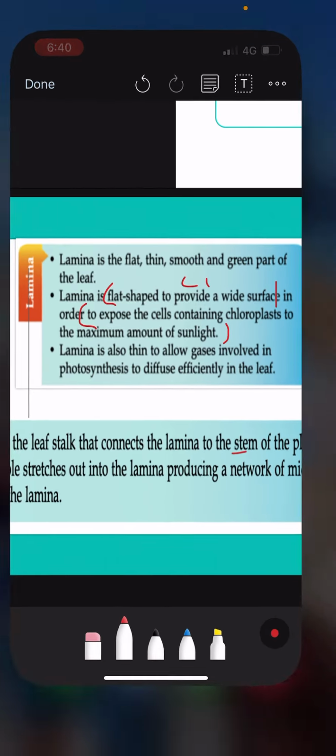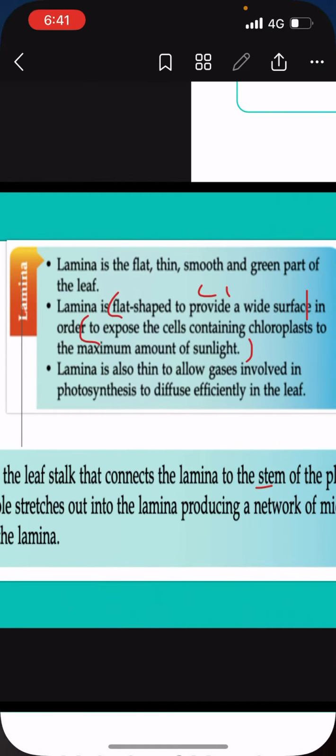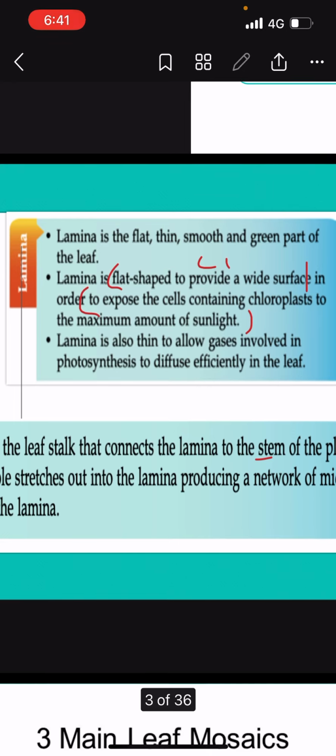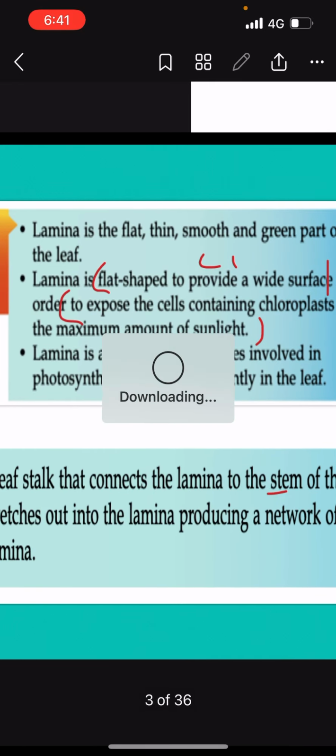Now let's change to the same question: explain the function of lamina, given 4 marks. So you have to add another point. You have to choose one more different characteristic. Among the other characteristics you can see here, try to find where. Yes, here we find another word, which is thin. Lamina is also thin. Please pardon the downloading process notification there.